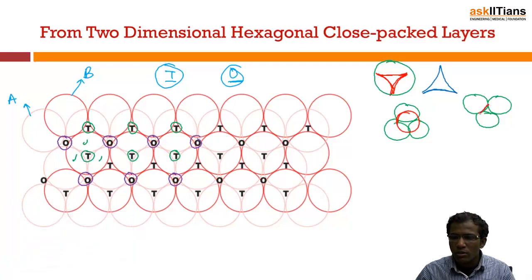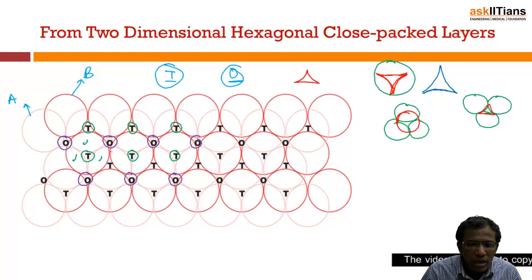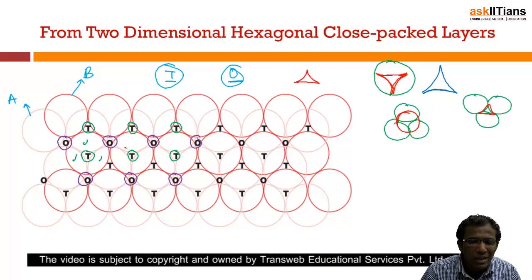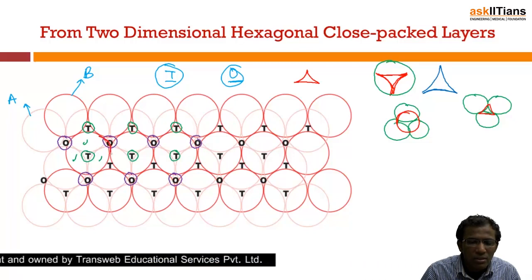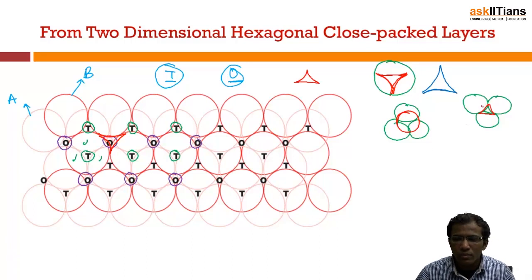And if I place the spheres like this, this is above, and we have a triangular void formed in the second layer.